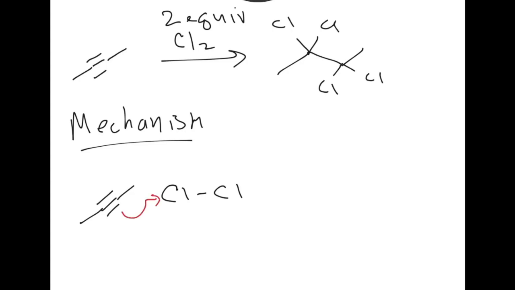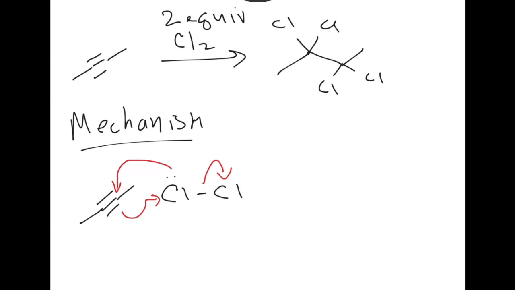The pi bond is going to add to your chlorine, and just like before, you're going to break your chlorine-chlorine bond. You're going to have your lone pair on your chlorine that you're adding to add back to one of the two carbons of your alkyne. It doesn't matter here.